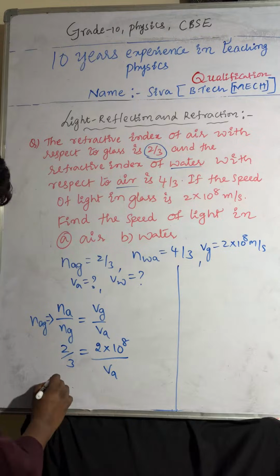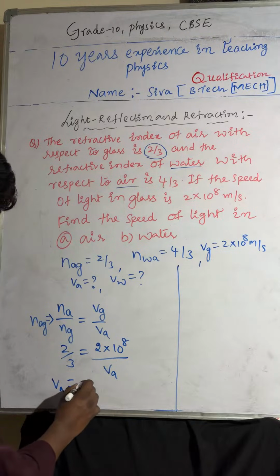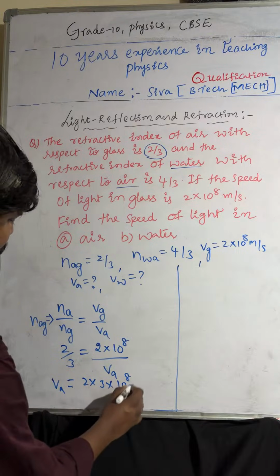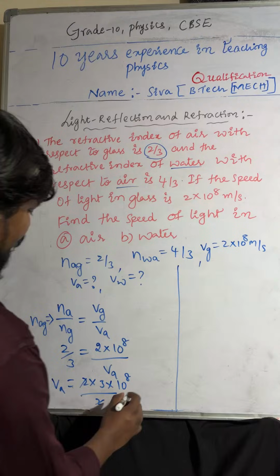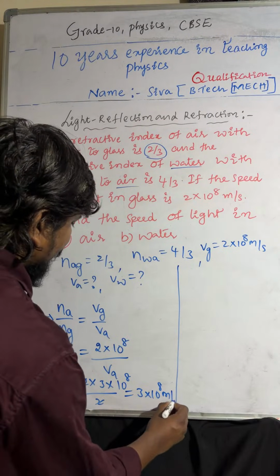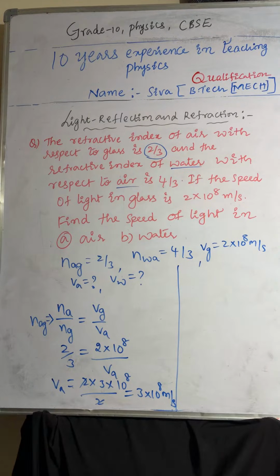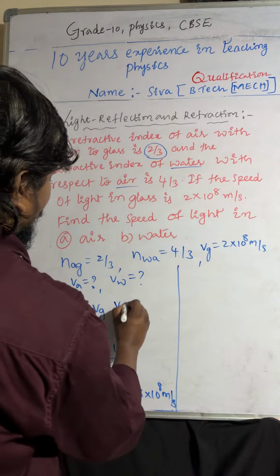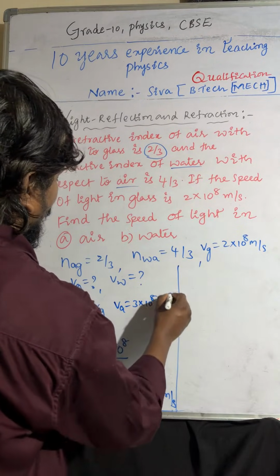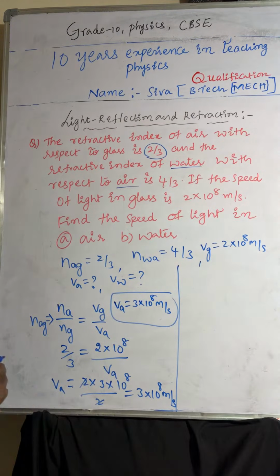Cross multiply, you'll get V_a equal to 3 into 10 power 8 by 2 into 2, so 2 gets cancelled. Velocity of the air is 3 into 10 power 8 meter per second.